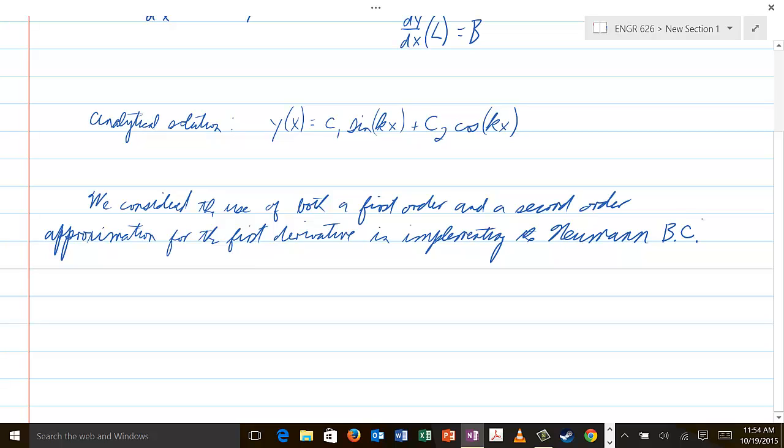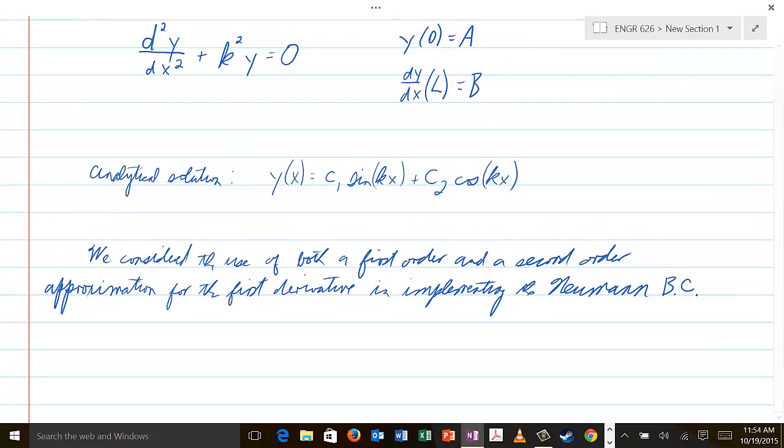This was one of our very early projects this semester. And you might recall, actually, that sometimes the first order boundary condition would give results that seemed to be actually more accurate than those generated by the second order boundary condition. Generally, I think the second order boundary condition gave better results, but not always.